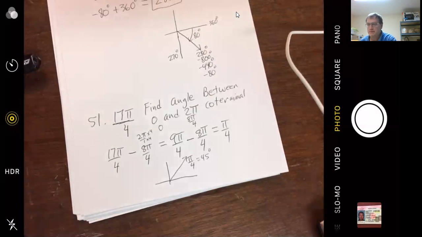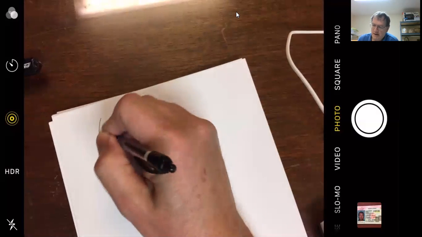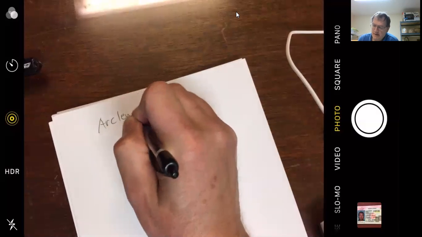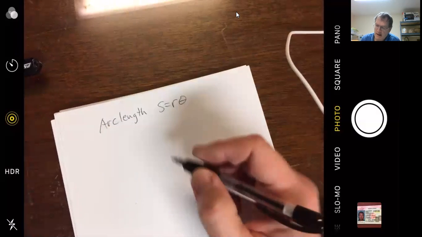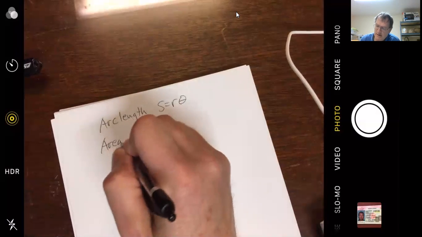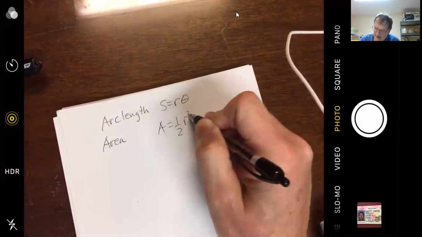All right, the rest of the problems are about just the formulas. And the two formulas you need to know really are arc length, S equals R theta, and area is 1/2 R squared theta.